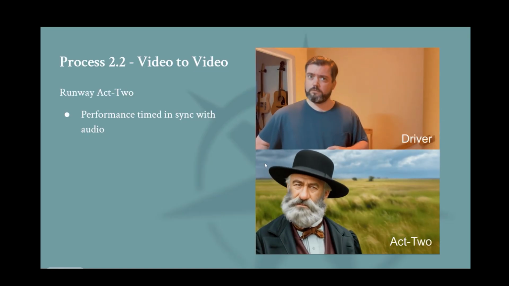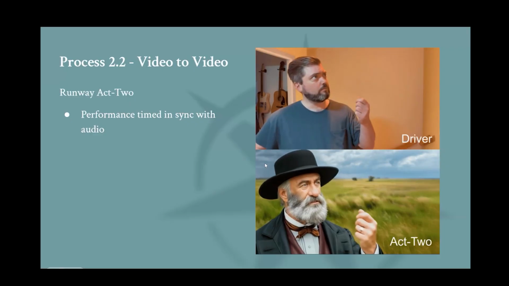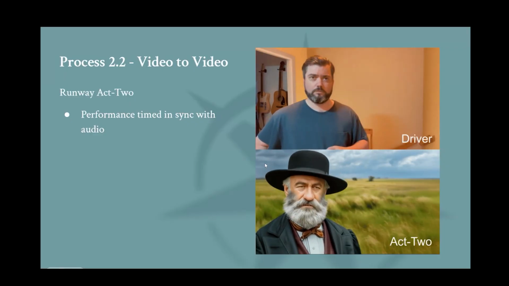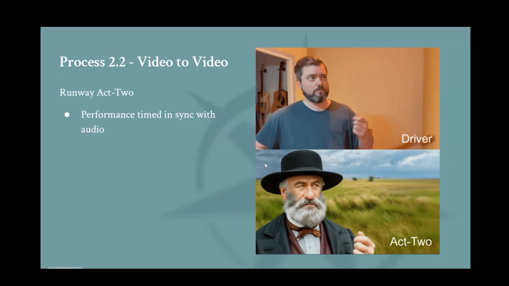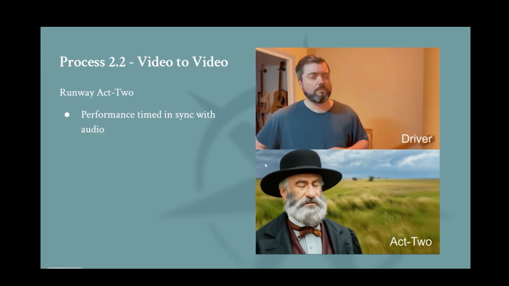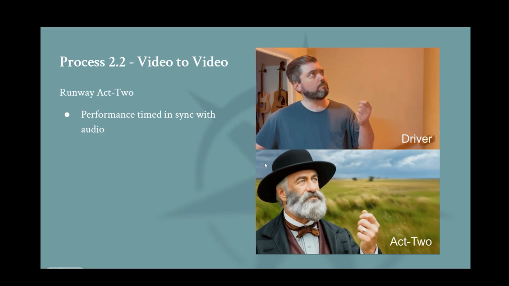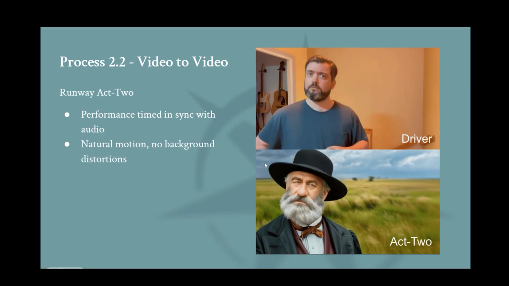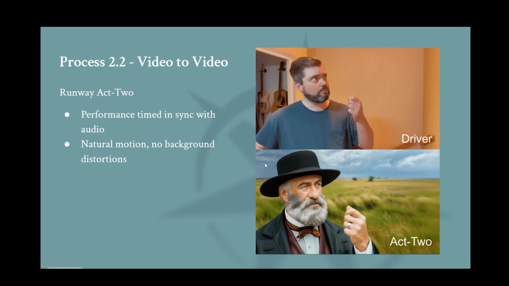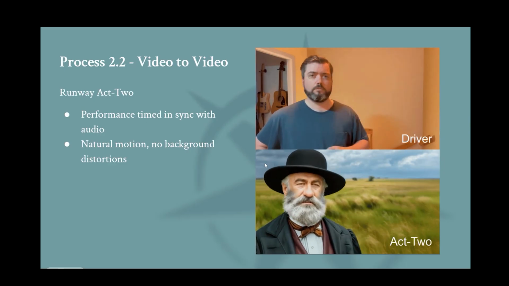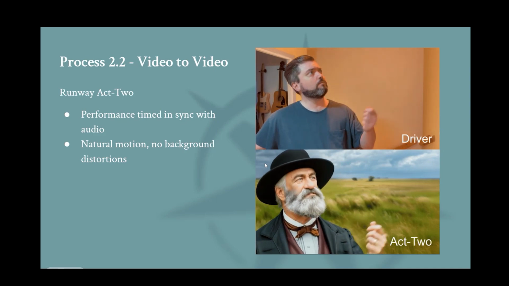When I recorded this video, I had the audio playing in the background so that I was able to act basically in time with the audio that we expected to use. And this gives us natural motion and no background distortions like we saw in the WAN example on the previous slide.